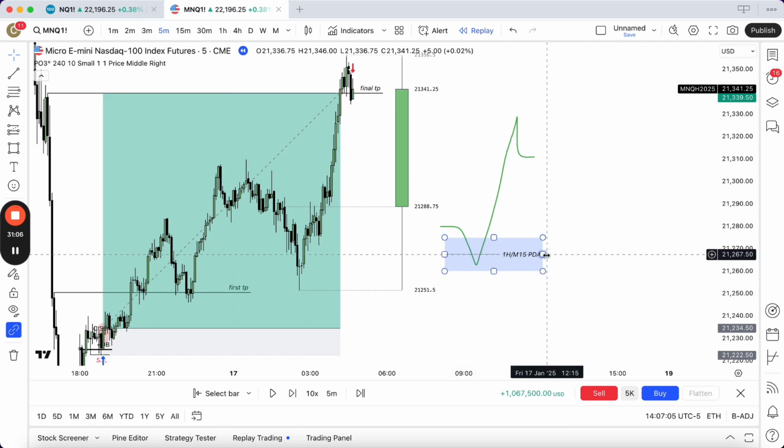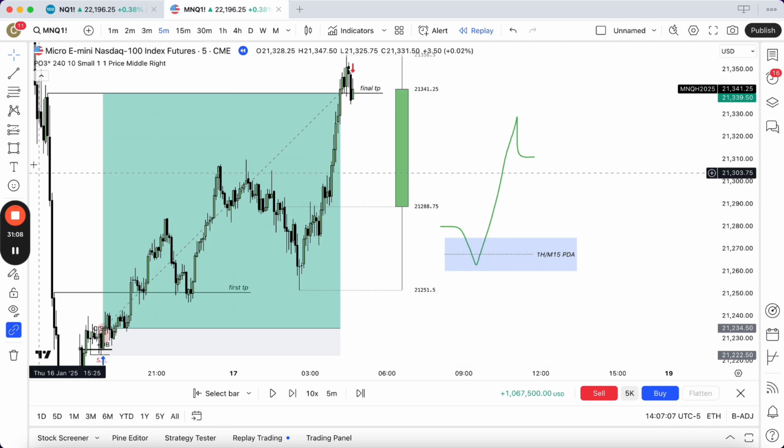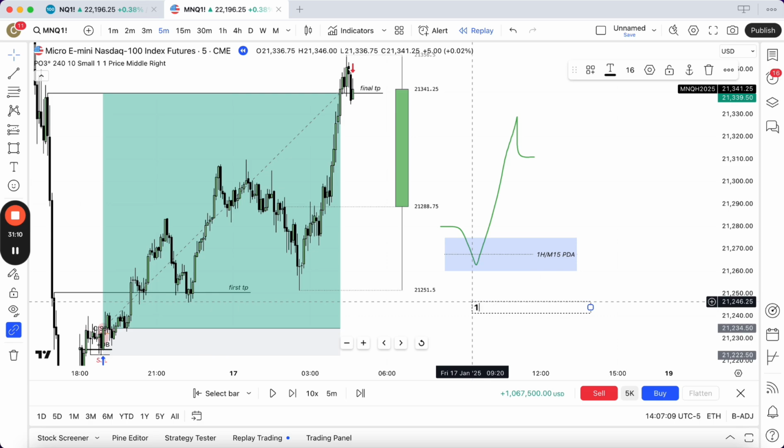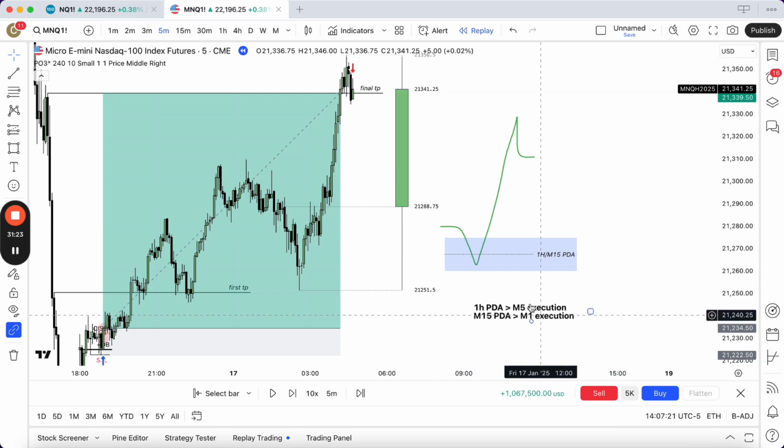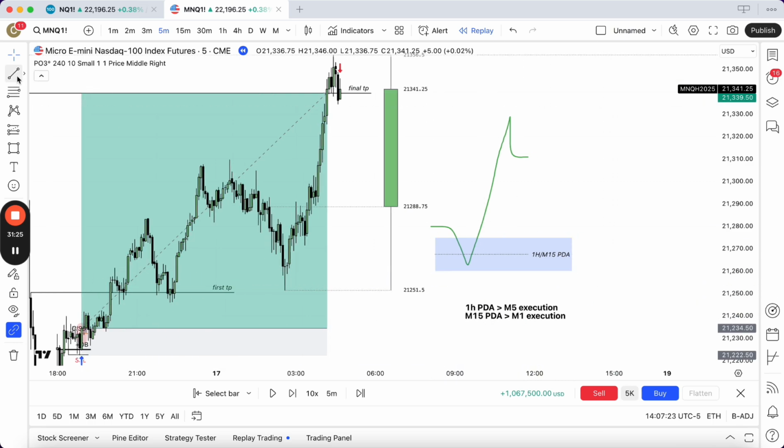So this is the PD array, and then we drop to the aligned time frames, right? A 1 hour PD array is a 5-minute execution, right? A 15-minute PD array is a 1-minute execution. Okay, so we drop to the aligned time frames, and we're looking for the liquidity sweep.